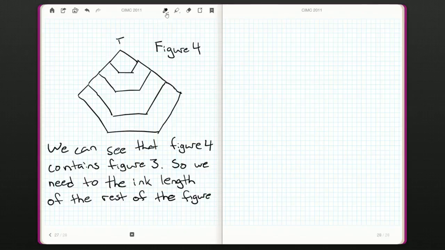If we wanted to, we could use a bit of the blue and redraw figure 3. Okay, so there is figure 3, and we'll color code them in our explanation.